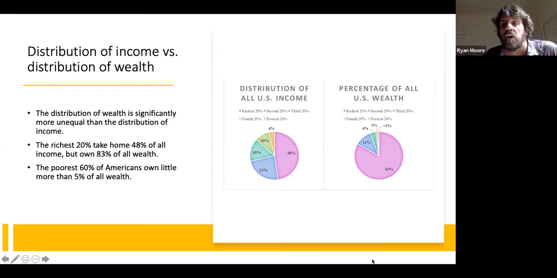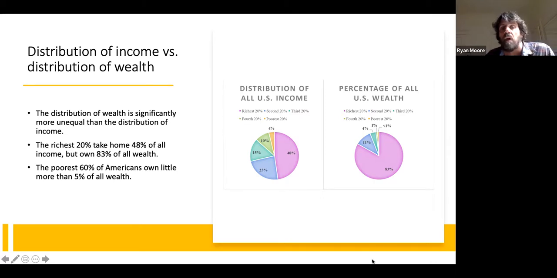These two pie charts tell the story: the richest 20% of the country, what we'll call a quintile, takes home about 48% of the income, almost half, but owns 83% of the total wealth.